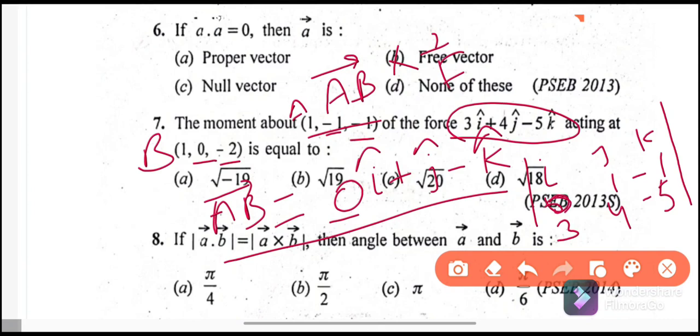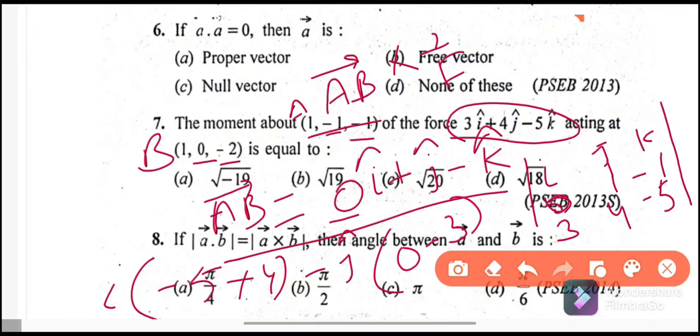Now simplify this. i times minus 5 plus 4, minus j times zero minus 3, then plus k times 0 minus 3.